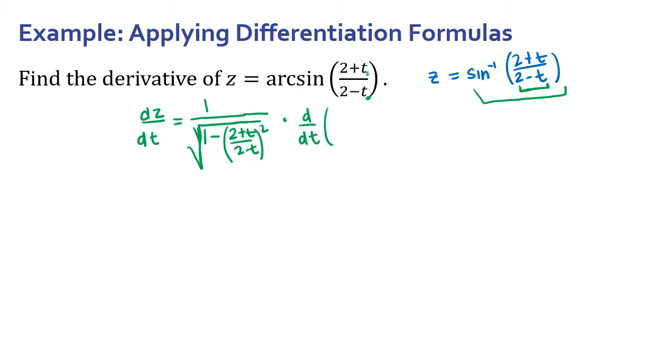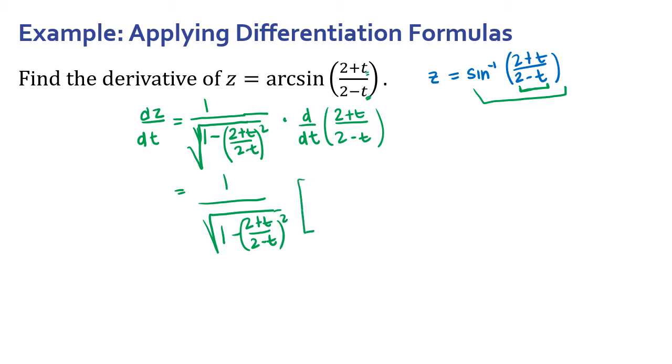So it's the derivative with respect to t of 2 plus t all over 2 minus t. Okay, so that's going to be 1 over the square root of 1 minus (2 plus t over 2 minus t) quantity squared. And then at this point, I'm going to have to apply the quotient rule.